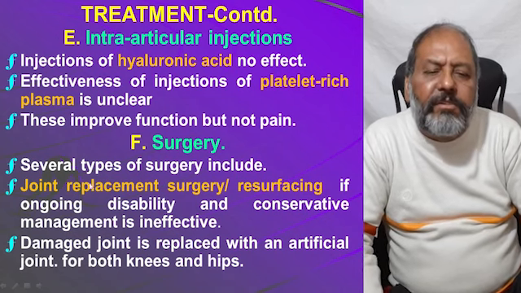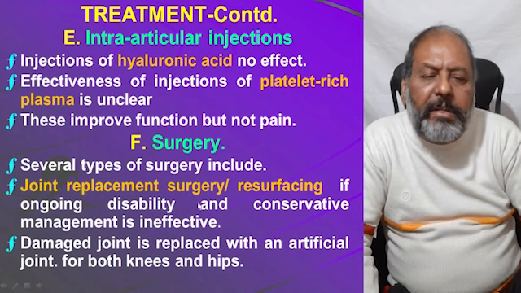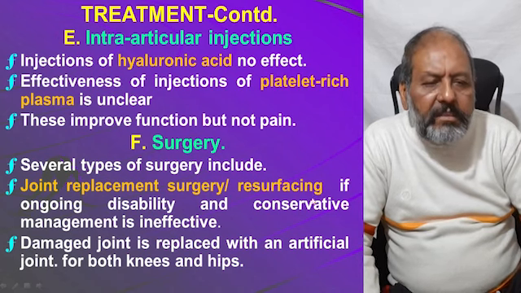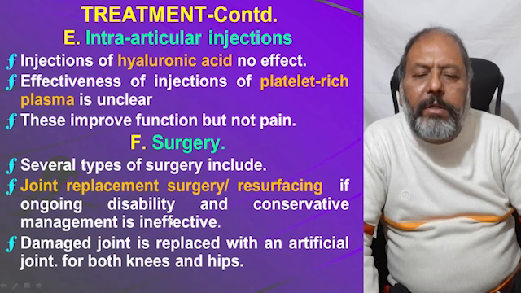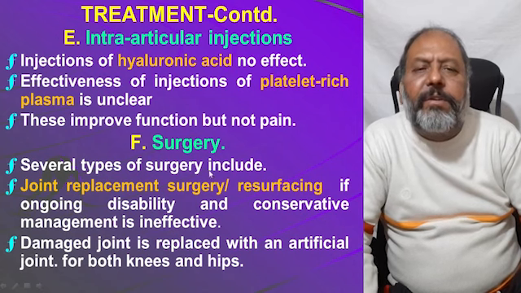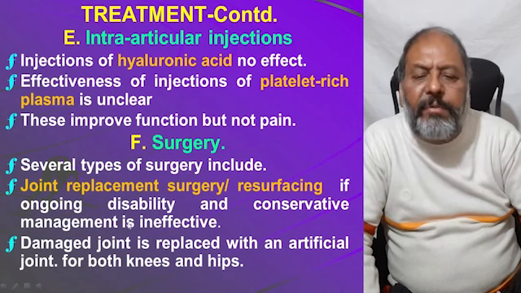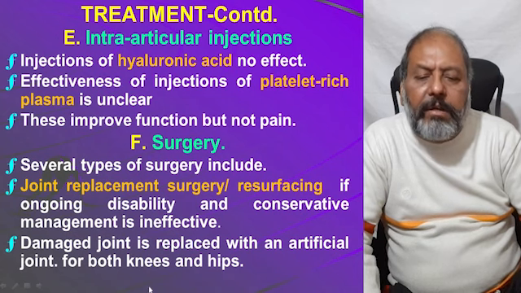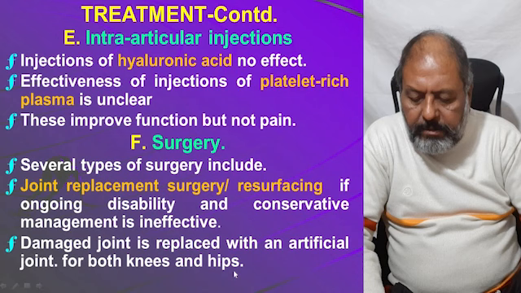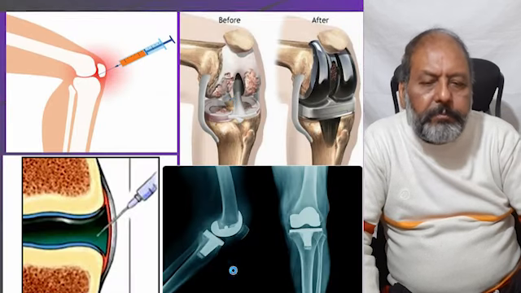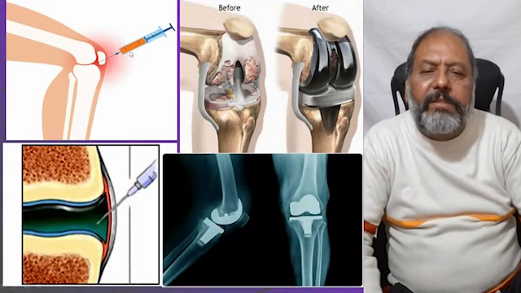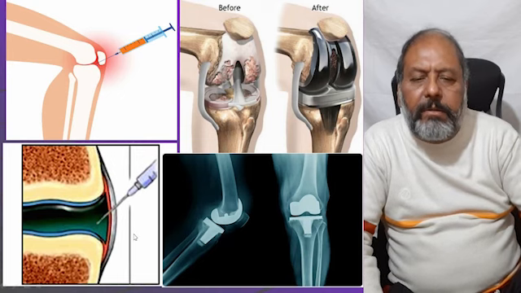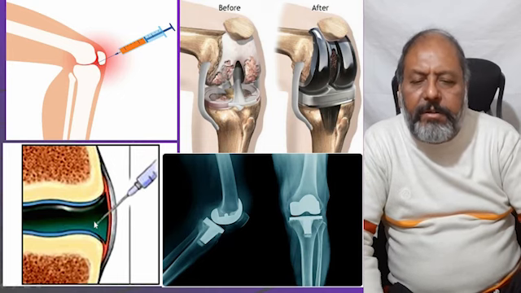Several types of surgery include joint replacement surgery or the resurfacing of the joint surface if there is ongoing disability and the conservative management is ineffective. Damaged joint is replaced with an artificial joint for both knees and hips. So here one can see the intra-articular injection that is being given in the joint, and here again the intra-articular injection.